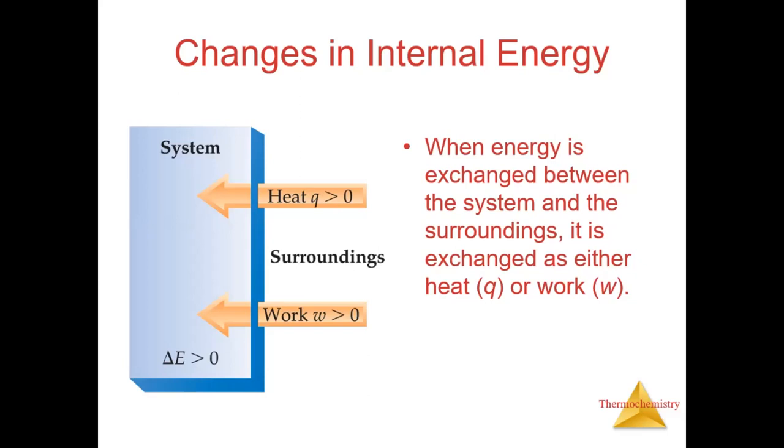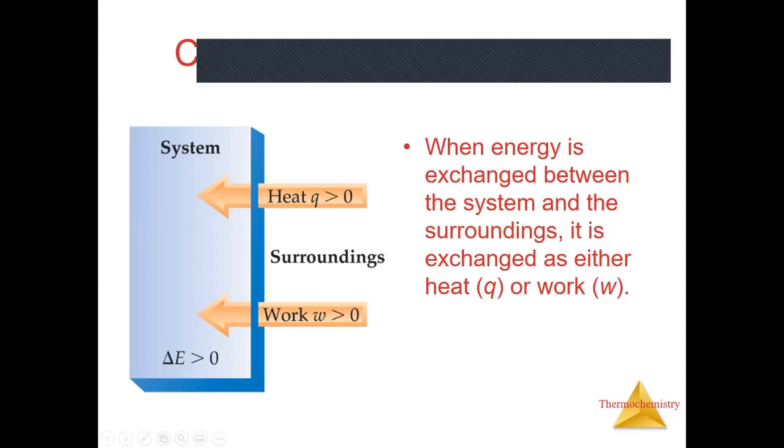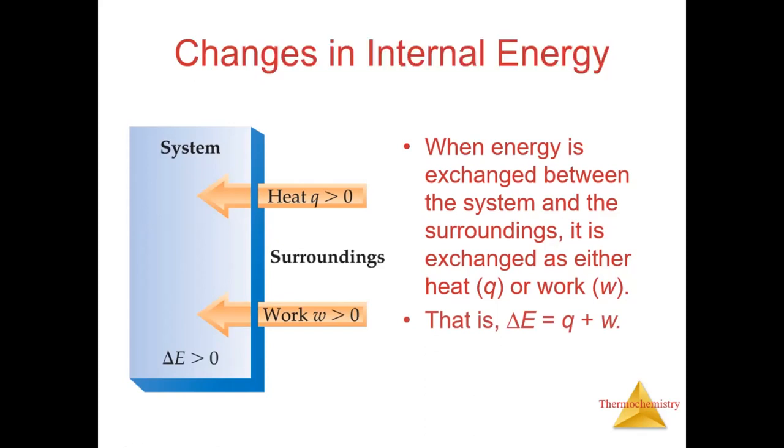You have increased your delta E. Your delta E is going to be positive. Again, our delta E is going to be equal to the work and the heat that are enacted upon the system.